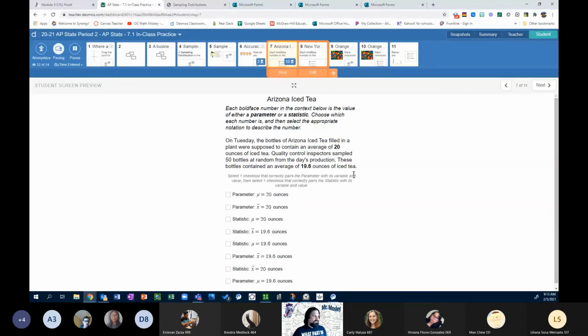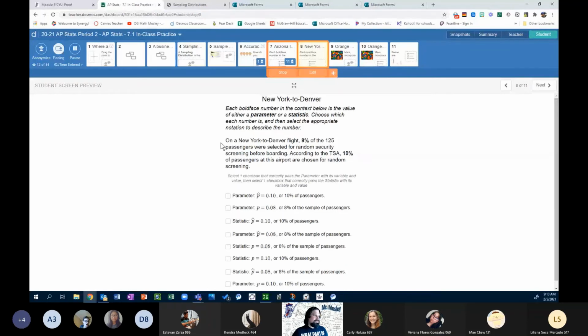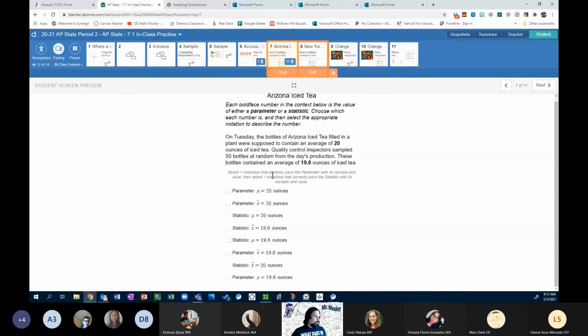And so you have a context to read here. This one's about Arizona iced tea. You'll have another context in the second screen on the New York to Denver flight. In each, you're given 4 choices for the parameter and 4 choices for the statistic. You need to select the appropriate checkbox that correctly pairs the parameter with its variable and value, and then the one checkbox that correctly pairs the statistic with its value and variable.